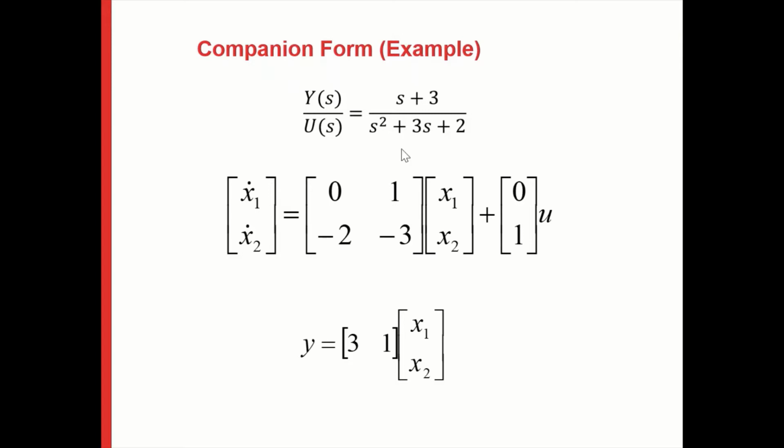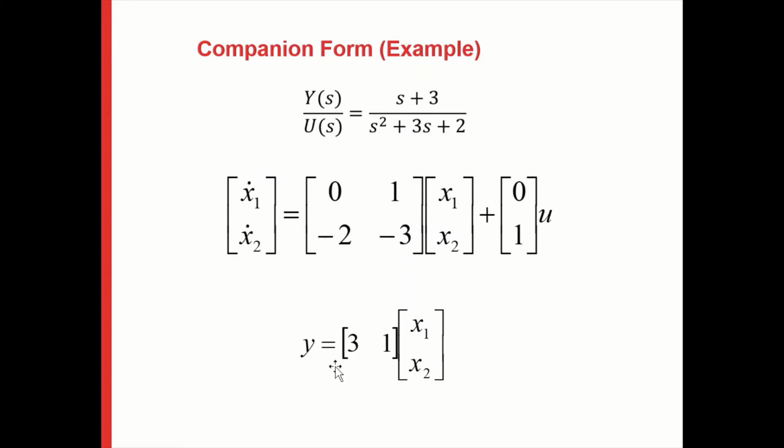So let's have a look at this. Here's a little example. S plus 3 over s squared plus 3s plus 2. So it's a second order system, so it's a 2 by 2 state space. We put a 0, 1 here: a 0 there, 1 off the diagonal, 0 here and 1 at the bottom. And then we put these numbers here in reverse order with negative signs, so it's minus 2, minus 3.